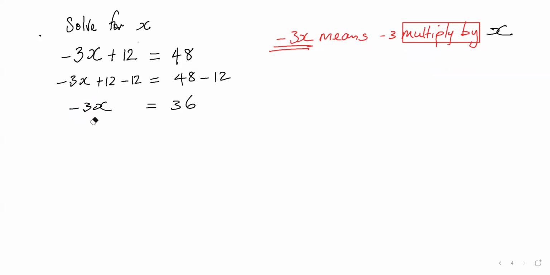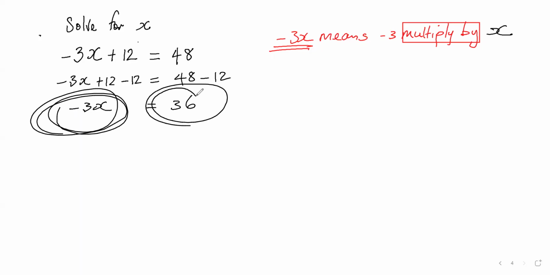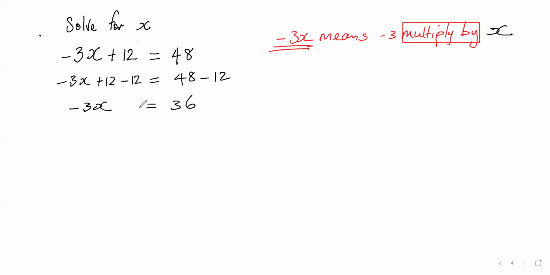Watch the screen. So let's go back to our question. Negative 3x is equal to 36. So we want to find for x. What are we finding for, Gabriel? X, sir.